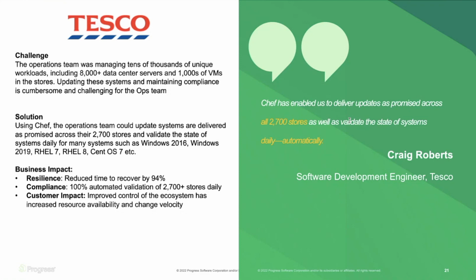They also had a challenge in adhering to a wide variety of compliance standards across their infrastructure. With the help of our Chef Compliance and Chef Infra product lines, they managed to tackle all the challenges of updating their systems and having appropriate compliance on their nodes immediately.